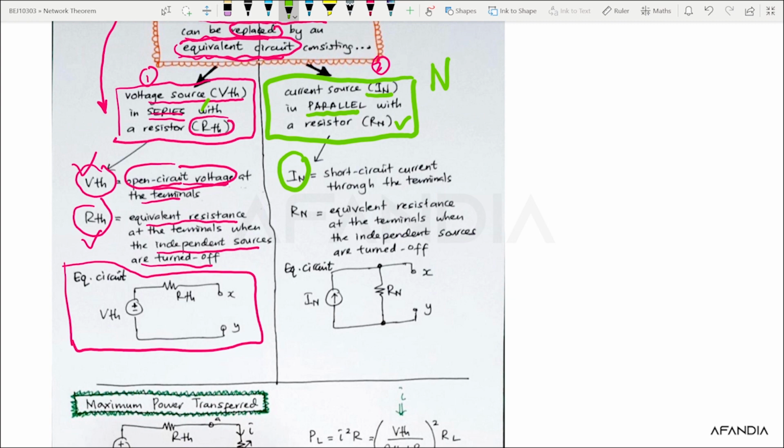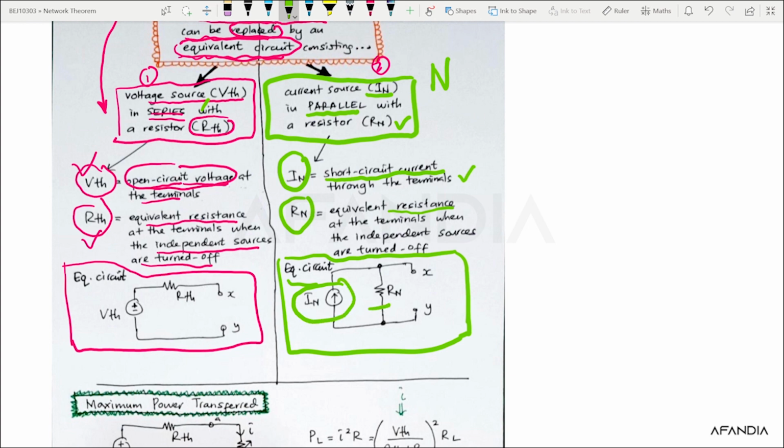But your IN is actually your short circuit current through the terminals, and your RN is your equivalent resistance at the terminals. And this is your representation for your equivalent circuit, whereby your IN is in parallel with your RN. So you must compare this one in series, this one in parallel, while this one in series.